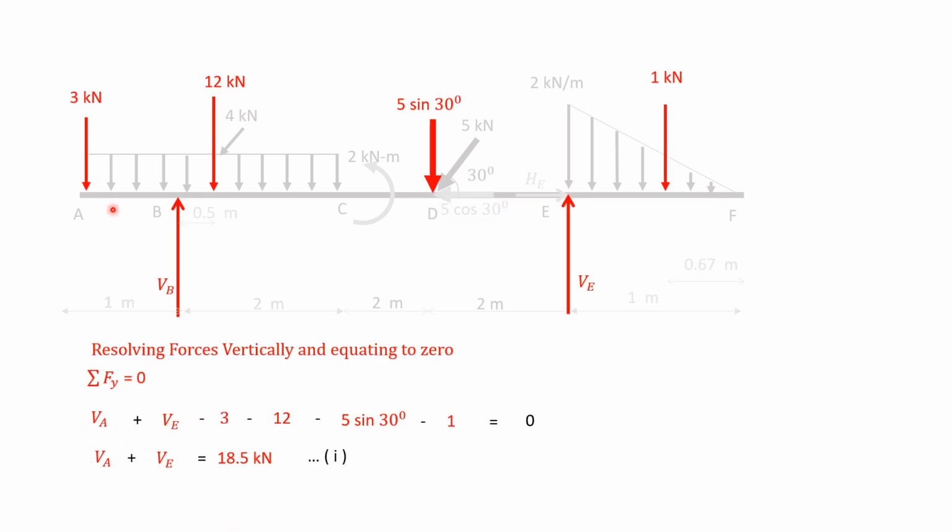Now, resolving forces vertically, summation Fy equal to 0: VB plus VE minus 3 minus 12 minus 5 sin 30 minus 1 equal to 0. So, we get equation in VB and VE, say it as equation 1.